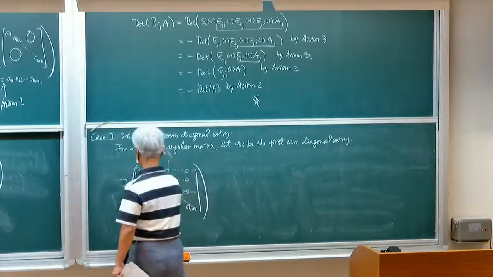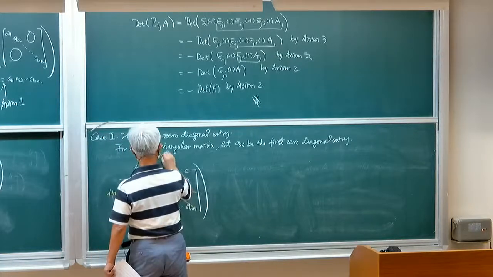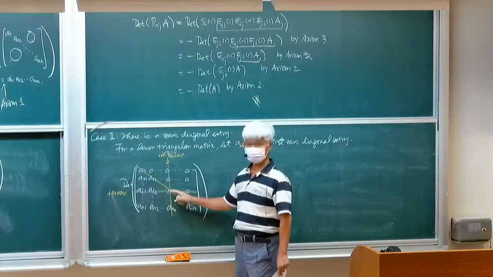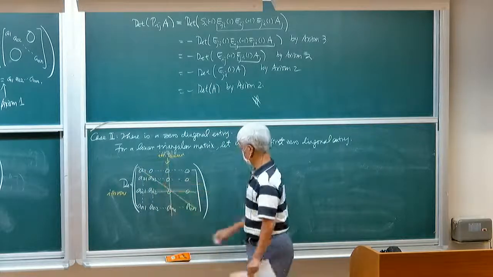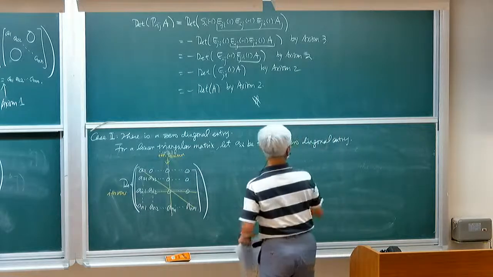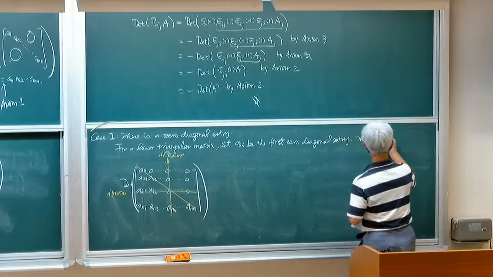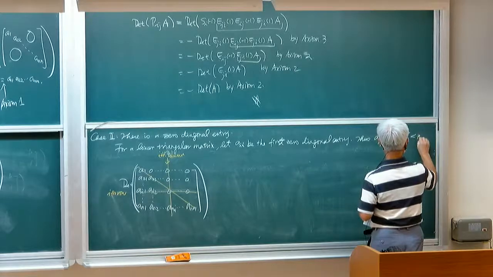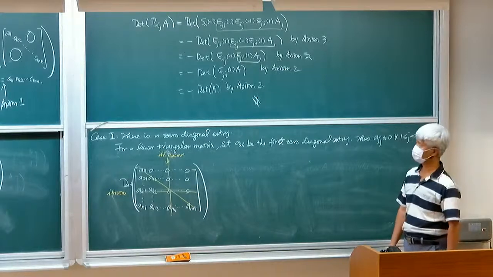So here, this is the ith row, and here is the ith column. All right, so a_ii is 0 here. This is the first 0, and a_jj is not 0 for all j less than i.